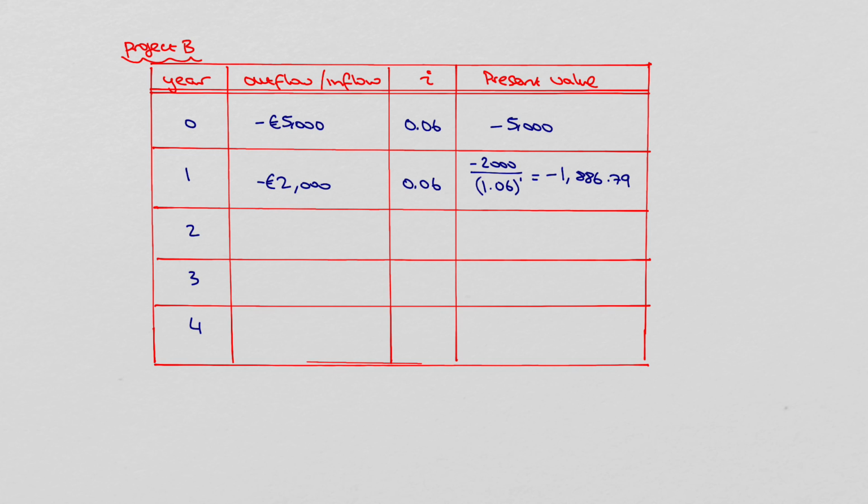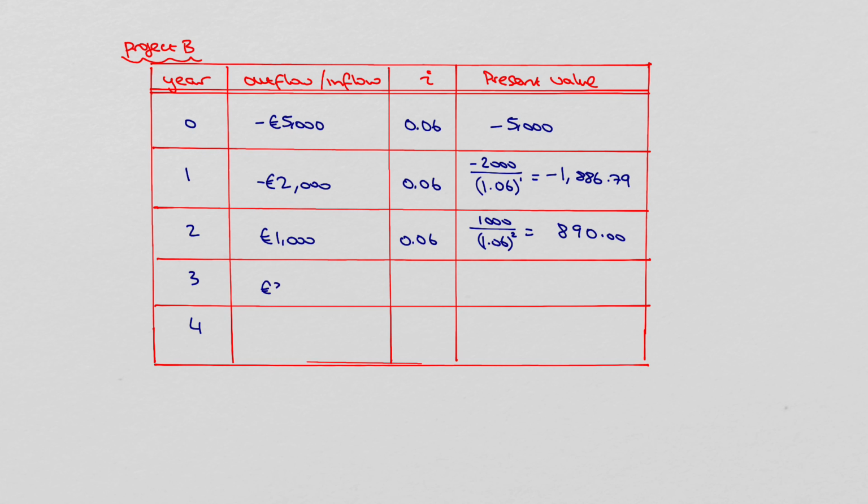In year 2, we have 1,000 coming in. And if I discount that back 2 years, then we end up with minus, or plus I should say, sorry, which is 889.99644. So I'm just going to round that to 2 decimal places, which brings that then to 890, if I'm keeping them all correct to 2 decimal places.